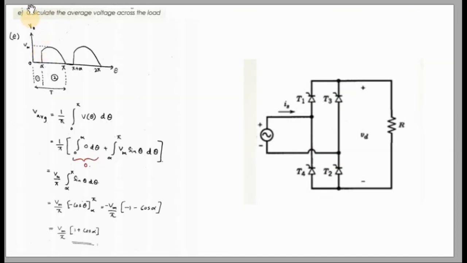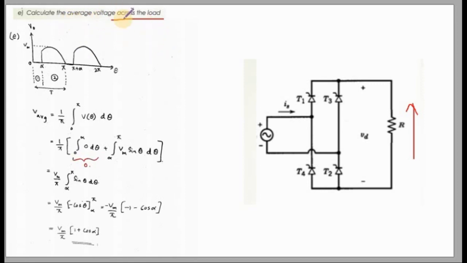The last part is to calculate the average voltage across the load. Before calculating the average voltage, we have to find the voltage waveform across the load.